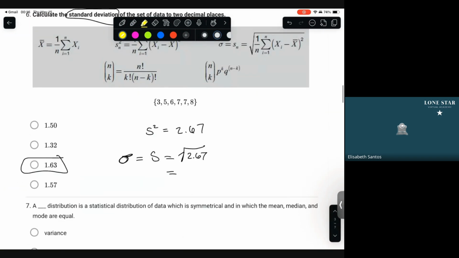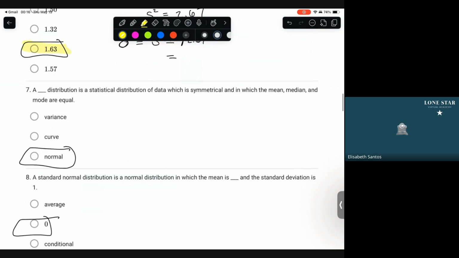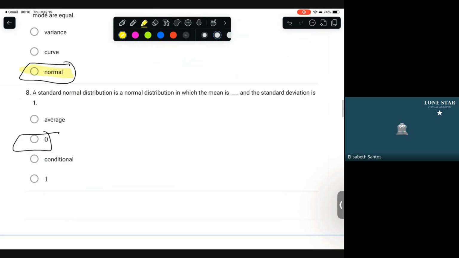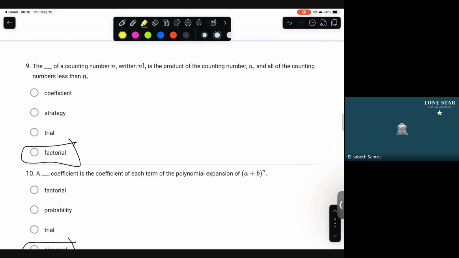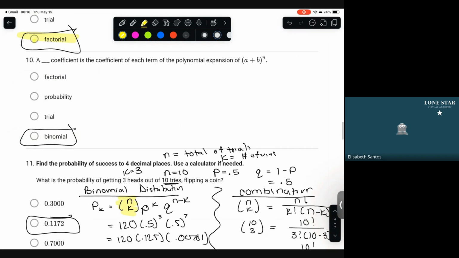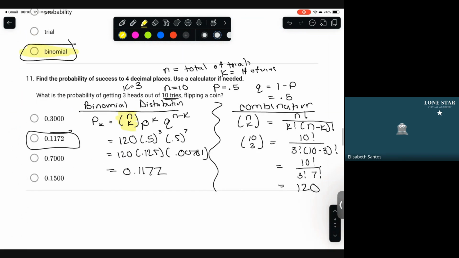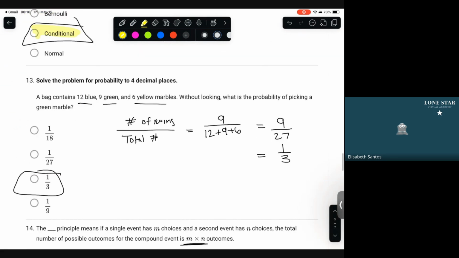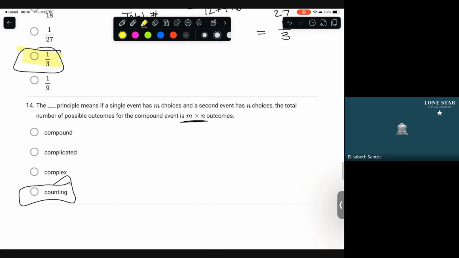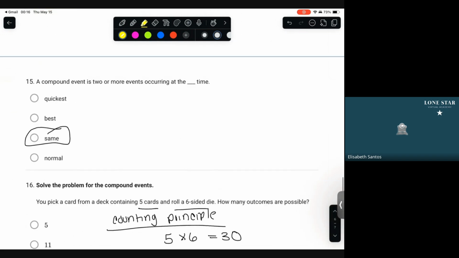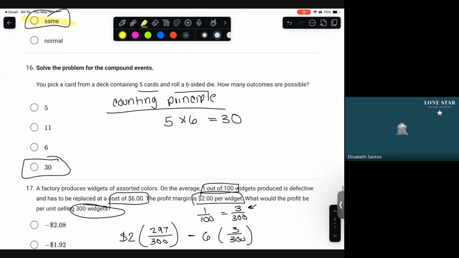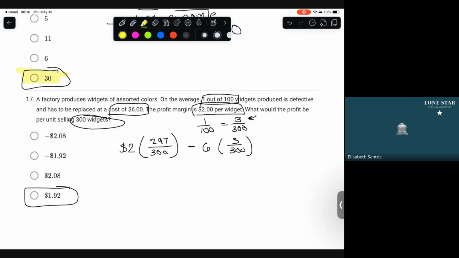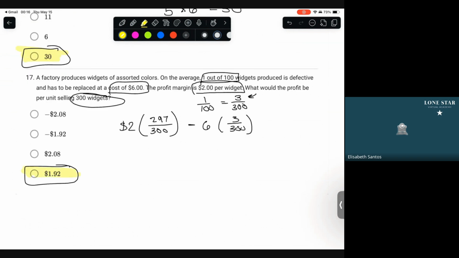Number 6 is 1.63. 7 is normal. 8 is 0. 9 is factorial. 10 is binomial. 11 is 0.1172. 12 is conditional. 13 is 1/3. 14 is counting. 15 is same. 16 is 30. And 17 is $1.92.